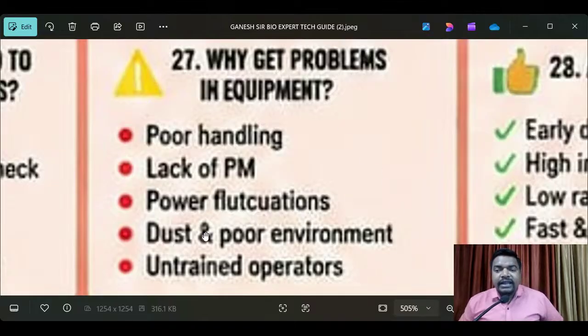Mostly in these situations, the complete responsibility lies with the biomedical engineer. Why am I saying this? Because these things are important. As a biomedical engineer, what is your responsibility? What are the works and everything you have to practice? That is going to change your career.